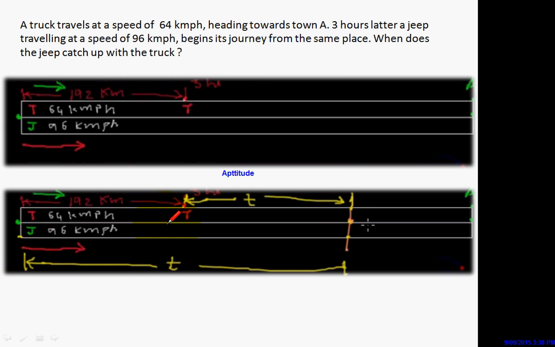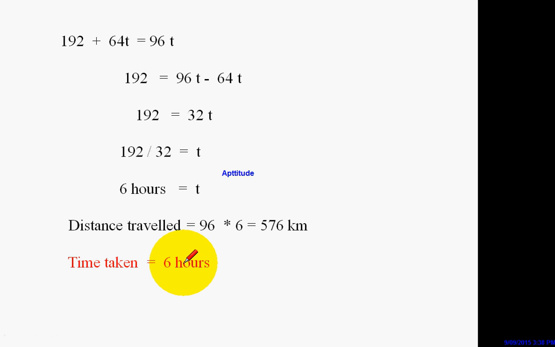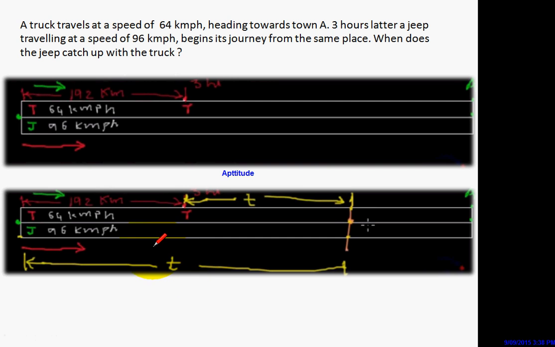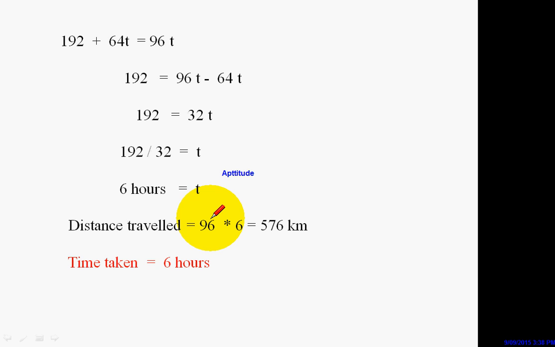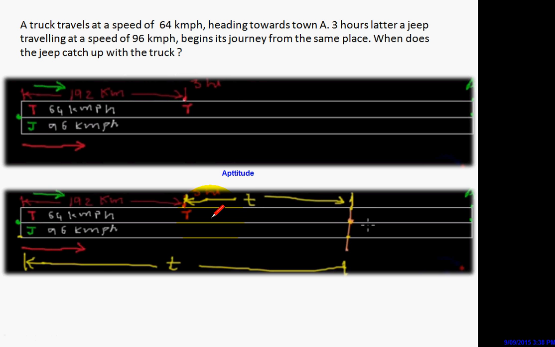So it has to reach this point in t hours. Now how can we make the comparison? Listen. The total distance travelled by the truck is already 192 plus, with time t, speed into time is the distance, so 64 into t. So 192 plus 64t is equal to the distance travelled by the truck.